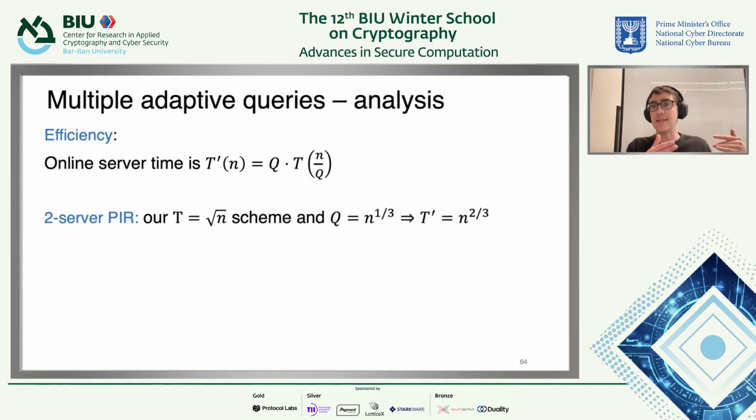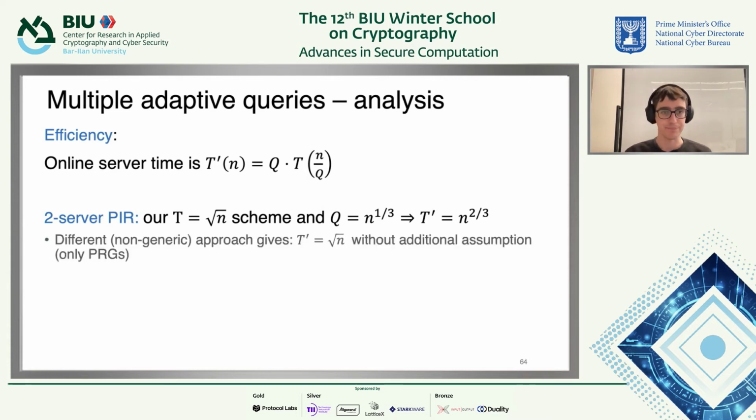So if you amortize that linear cost, you get that the amortized offline cost per query is n to the 2 over 3, just like the online cost. So you can run it as many times as you want, rerunning the offline phase every cube root of n queries, and the amortized server time per query is n to the 2 over 3. So we get that sublinear property that we want.